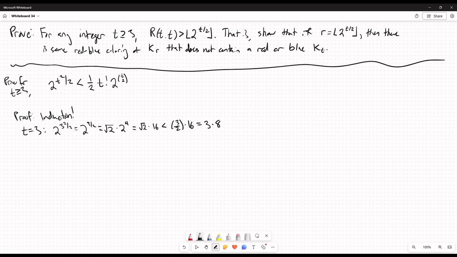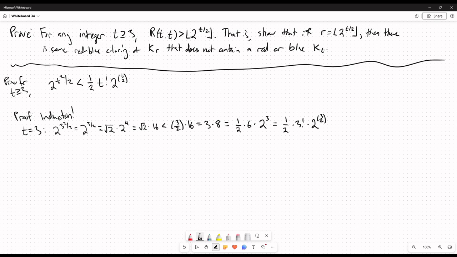And now we're going to rewrite this in a really funny way. That is equal to 1/2 times 6 times 2 to the power of 3. Why on earth would I write it that way? Because that is the same as 1/2 times 3 factorial times 2 to the power of 3 choose 2, remembering that 3 choose 2 is just 3. So, hey, look at it.